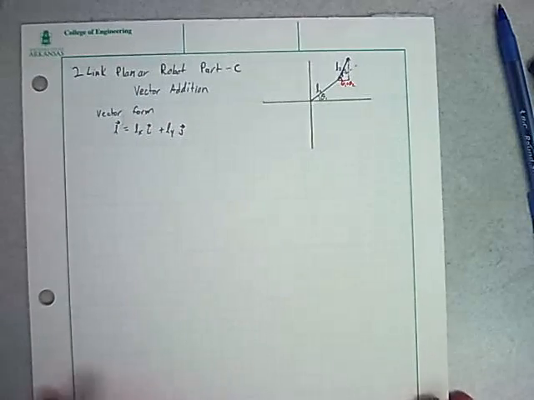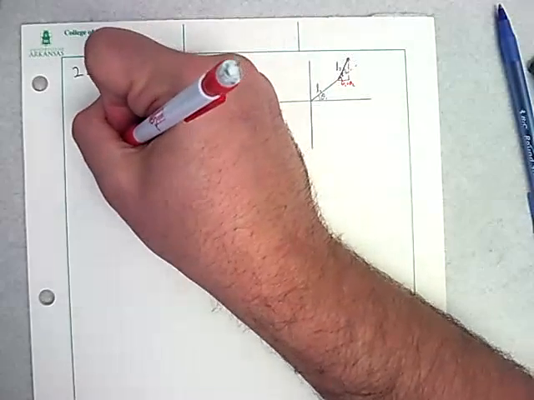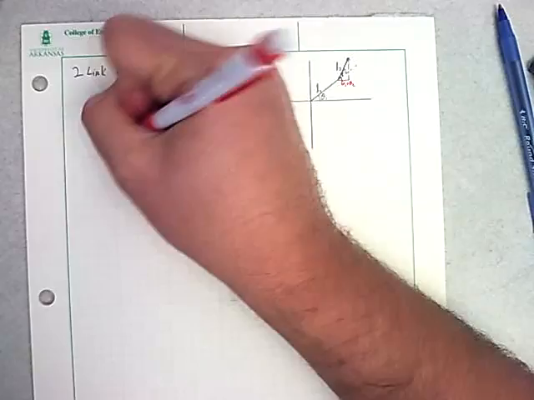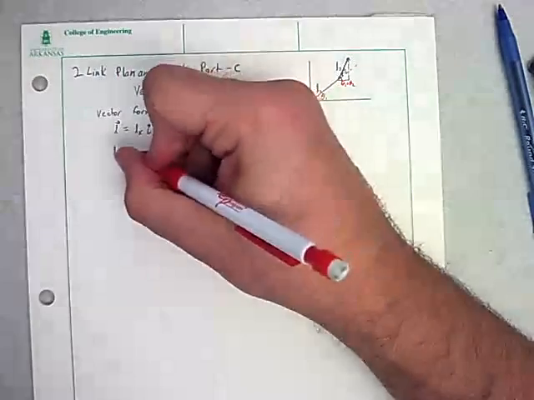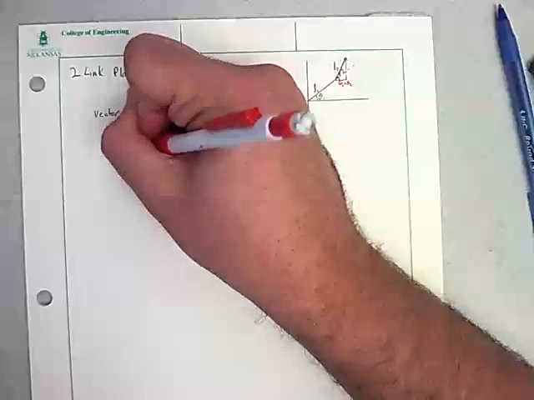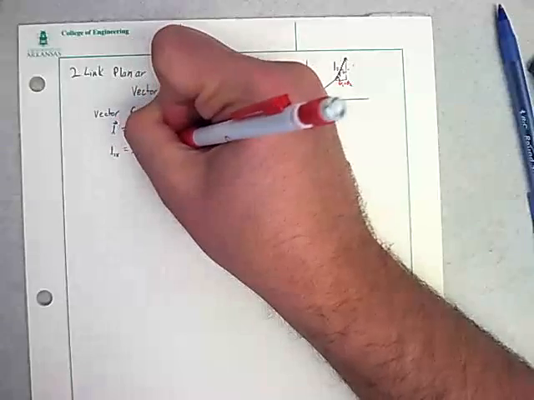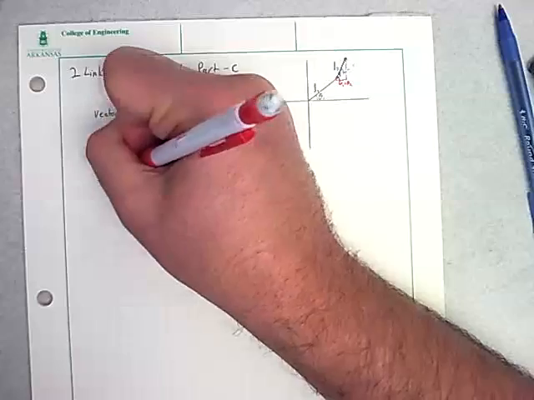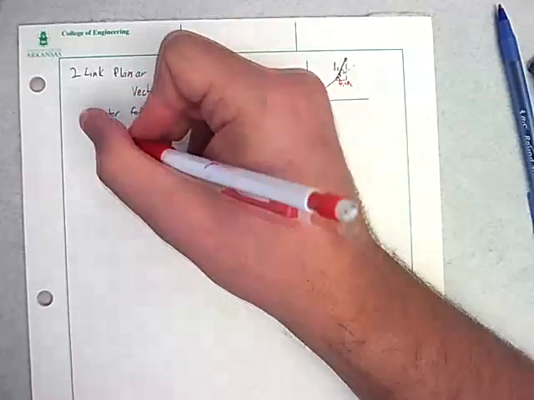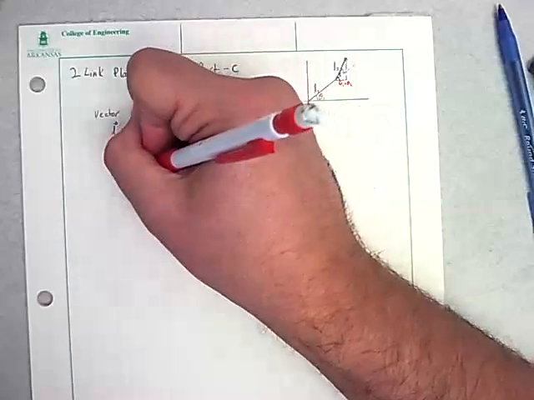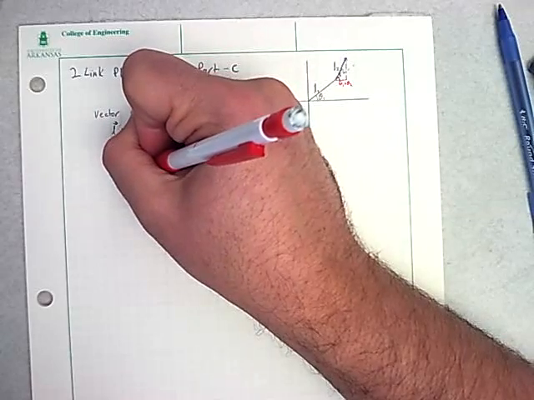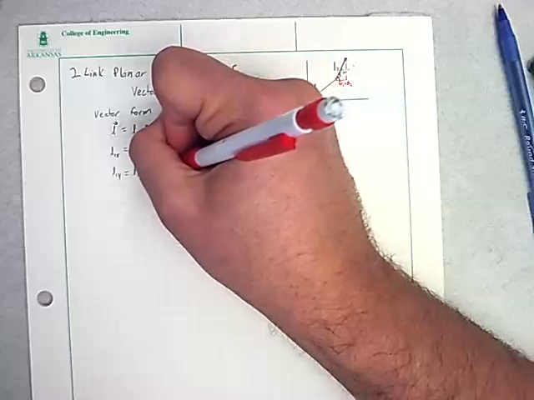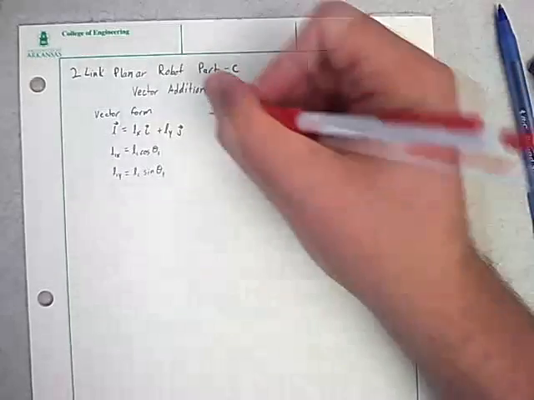The other things we need to remember for this is that L1x is going to just be L1 times cosine theta 1. L1, the y component, is going to be L1 times sine theta 1.